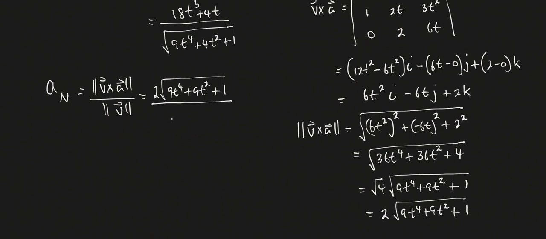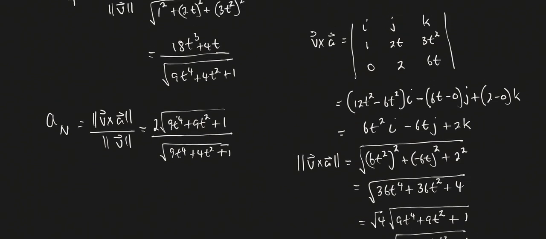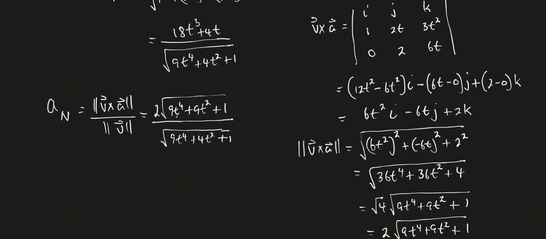So the magnitude of v is the square root of 9t to the fourth plus 4t squared plus 1. That will give me the scalar normal component of acceleration at time t. Right? And then if we wanted to, we could go ahead and evaluate these to get these components at specific values of time. But I think that that's good for now.